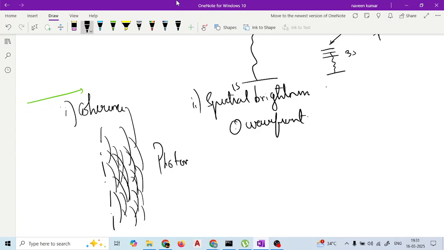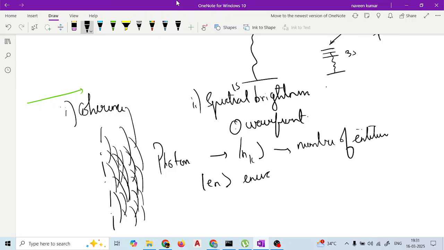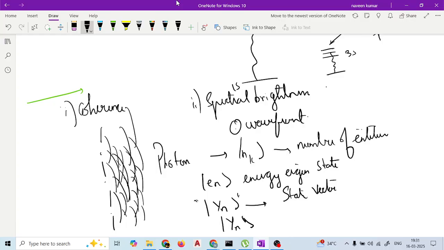Photons are represented with the probability of locating the particle.